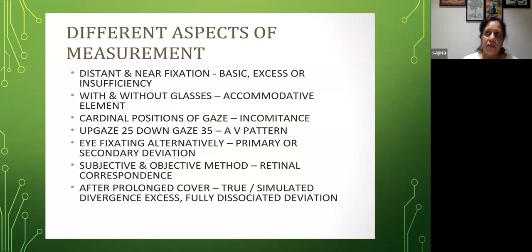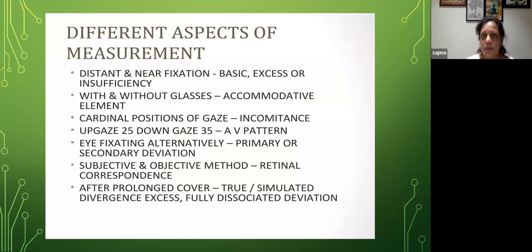Okay, once you are sure that your measurements are okay, then we proceed next. But supposing you are getting a discrepancy in distance and near, and you're not sure whether it is correct or not, especially whether it's a pseudo divergence type or a convergence excessive type one. So what we have to do is we have to put a patch test. So any one eye we patch and make the child sit for 30 to 40 minutes.